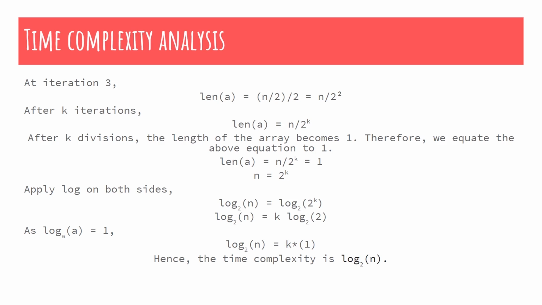Since log of a to the power b can be simplified as b log of a, we have reduced that to k log of 2. Further, log to the base a of a is 1. Therefore, here we can reduce log of base 2 of 2 to 1. Therefore, the time complexity is log of n.